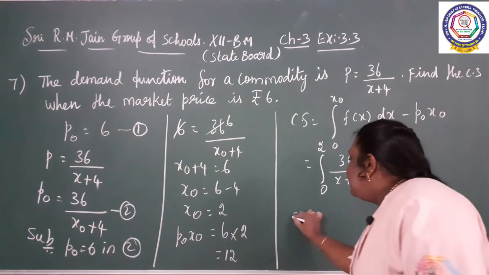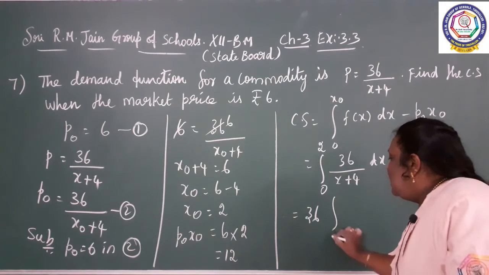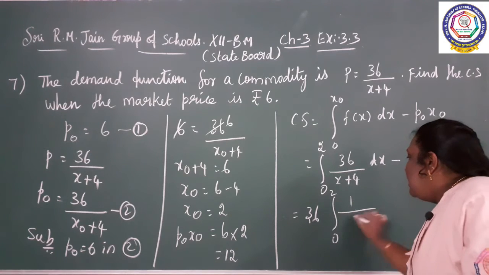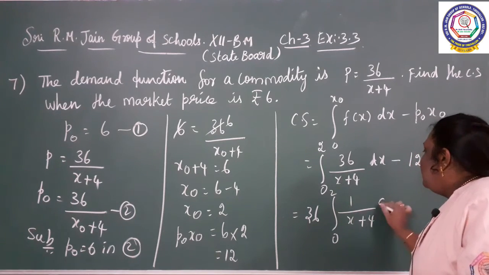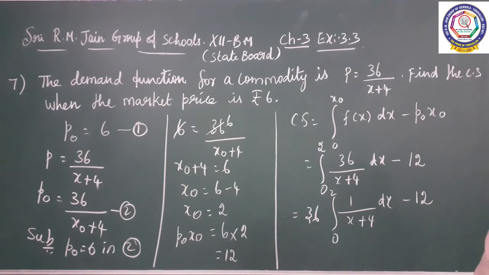So 36 is constant, you can take it out. Integral from 0 to 2 of 1 by x plus 4 into dx, minus 12.